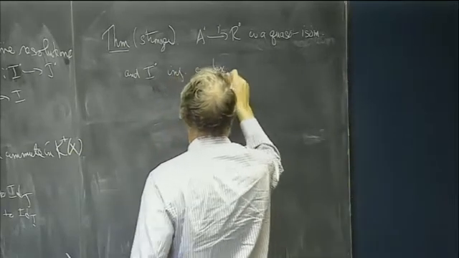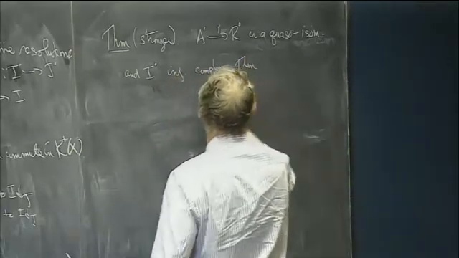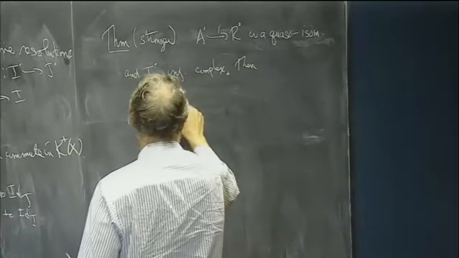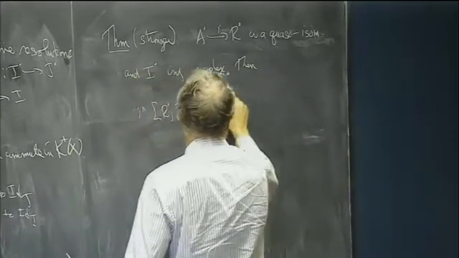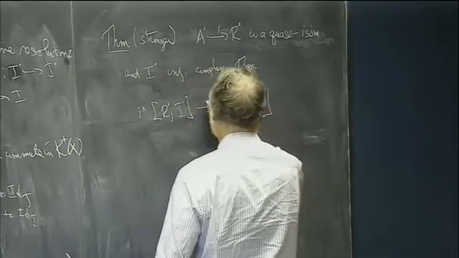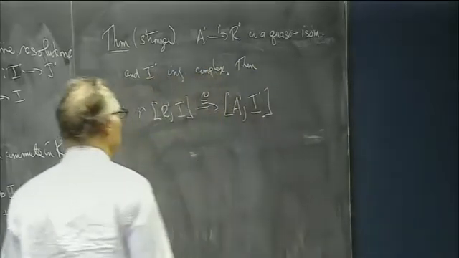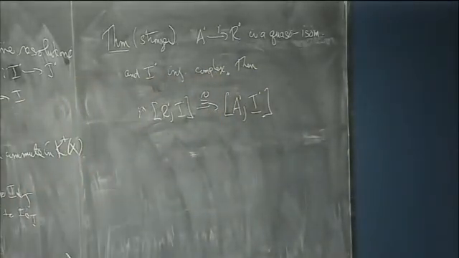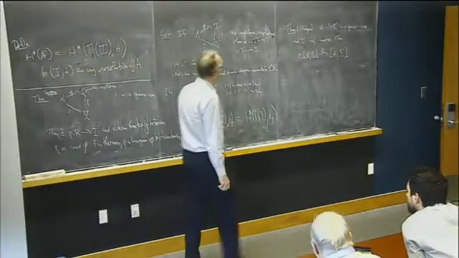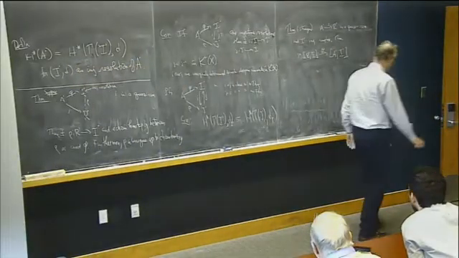Okay. Then I star, mapping the homotopy classes of maps from R to I into homotopy classes of maps from A to I, is an isomorphism. And this is the special case when you're studying a map which is a resolution. Okay.